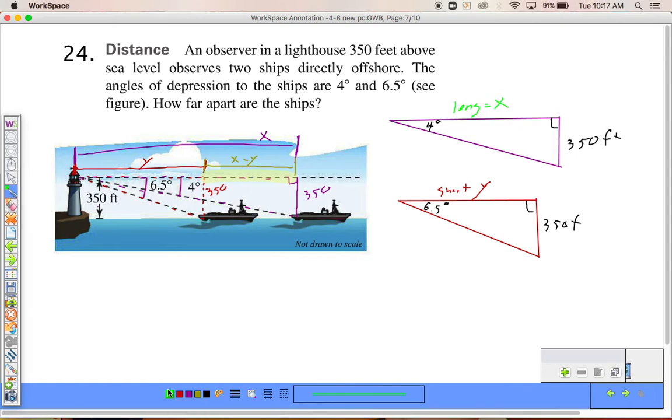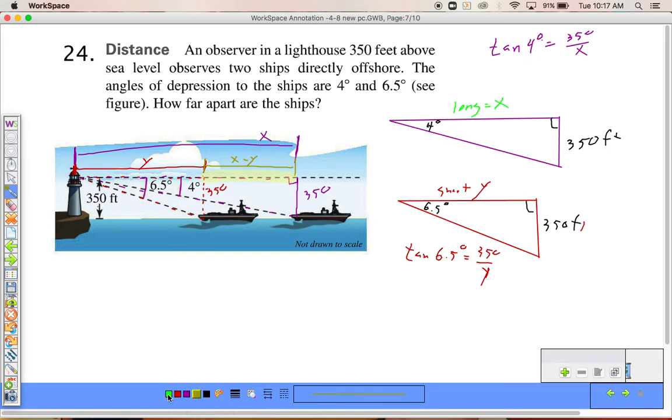So I'm going to do my math for the top one. The tangent of 4 degrees equals 350 over x. My bottom one, the tangent of 6.5 degrees is going to equal 350 over y. All right, for both of them to solve, let me start with the top one first.